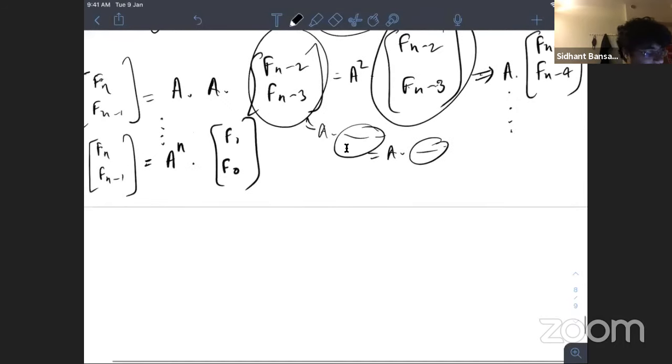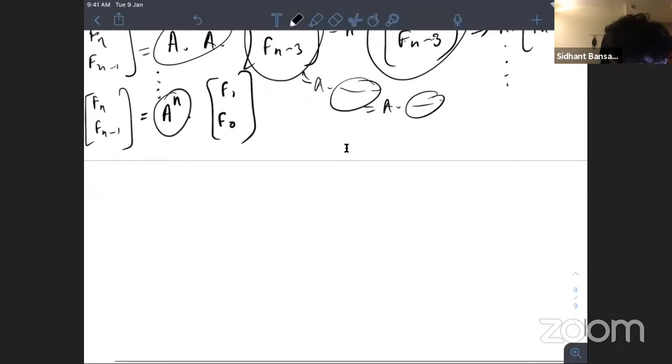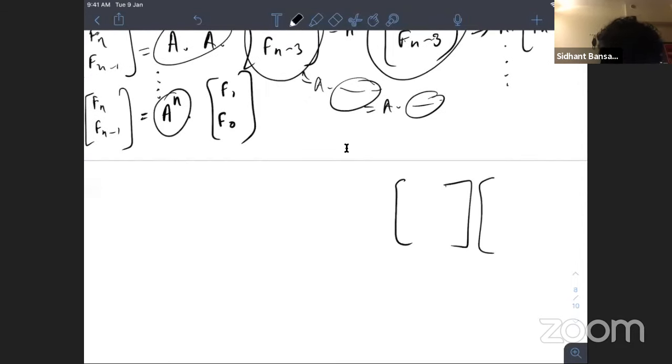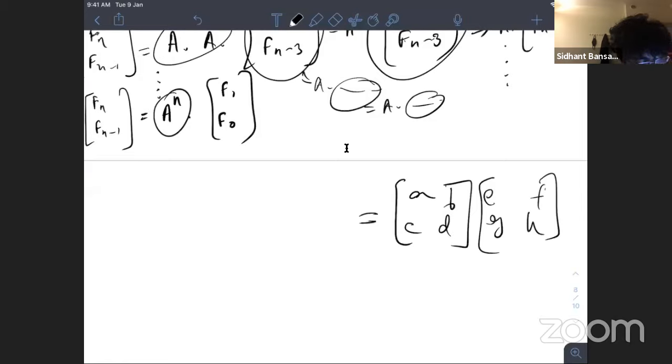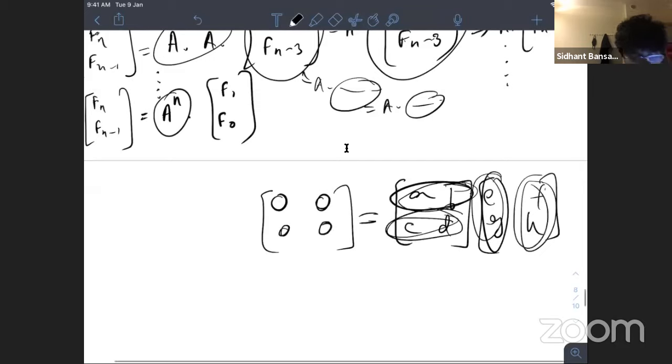Now an important thing here is, what does A to the n actually mean? I did A squared here, but I didn't explain what it is. When you are multiplying two square matrices, let's say A B C D and E F G H, the multiplication looks like this: AB into EG is the first cell, AB into FH is the second cell, CD into EG is the third cell, CD into FH is the fourth cell.